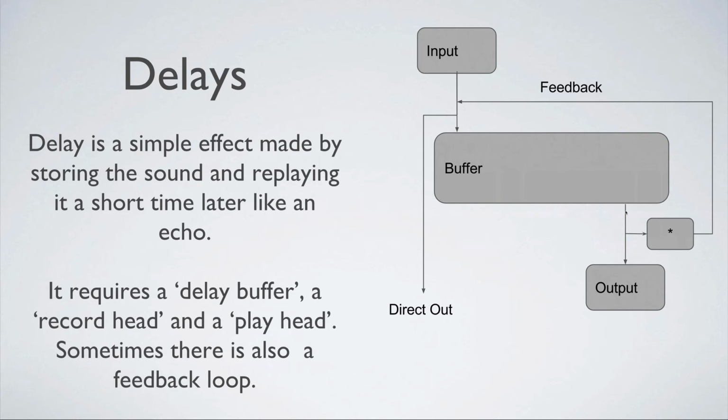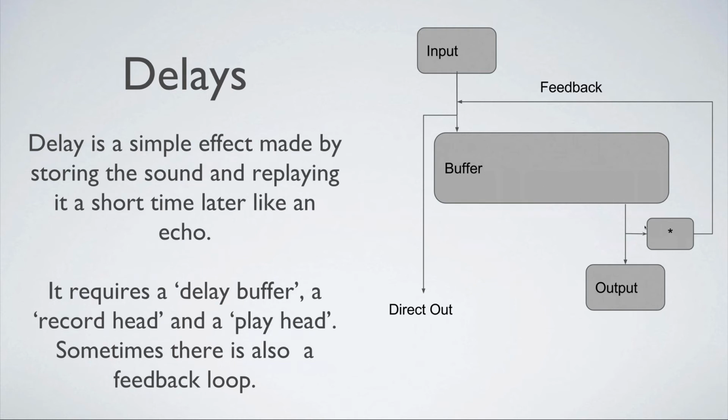So here we take the delayed sound, we multiply it by a gain value, so usually we want to turn it down a bit, so 0.5 or 0.2. So we're turning down the sound that we pass back into the buffer so that we don't get a feedback loop that blows up.